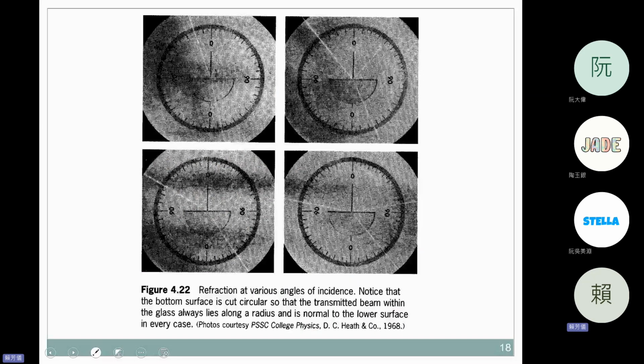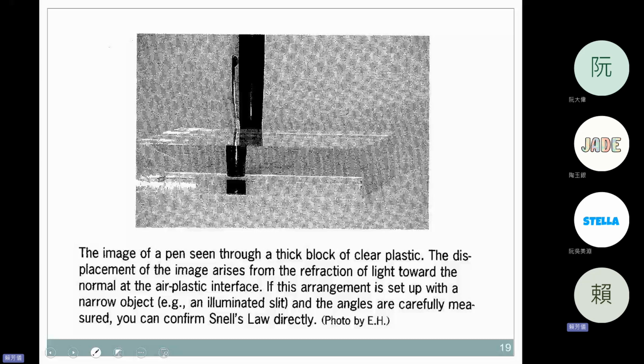Okay, so this is an experimental setup to see the refraction situation. And this is an image of a pen seen through a thick block of clear plastic.